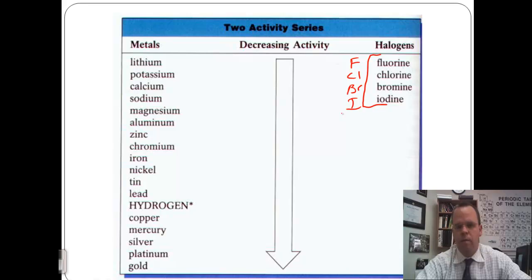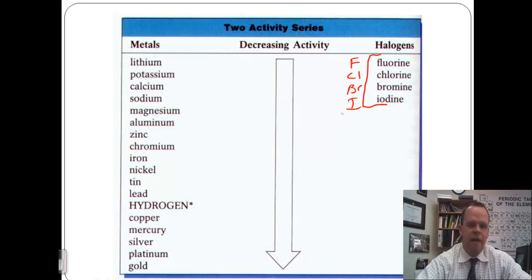Fluorine is the most reactive, will replace anything else. Iodine will not replace any of the other halogens. The metal series doesn't fit a nice pattern on the periodic table, so it's actually given to you on the back of those blue periodic tables in the classroom. Anything higher on the list will replace anything lower. So gold won't replace anything.